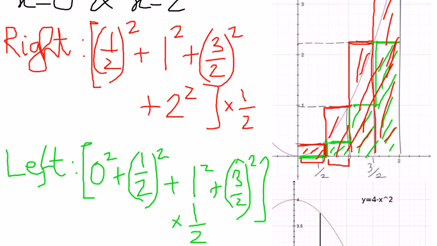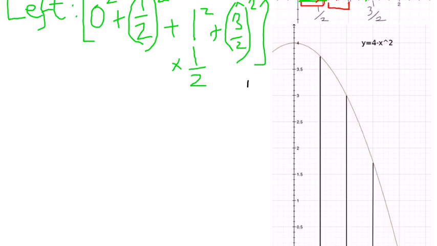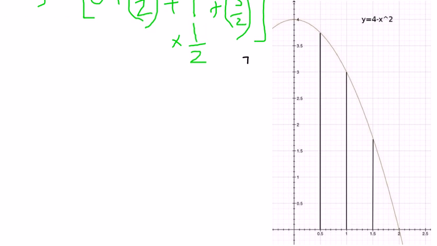Okay, note that here the right approximation is greater than the left approximation, but in this case where the graph looks like this, we would have a different story. So let's again consider the right approximation. Here it would be like this, then like this, then like this, and this.